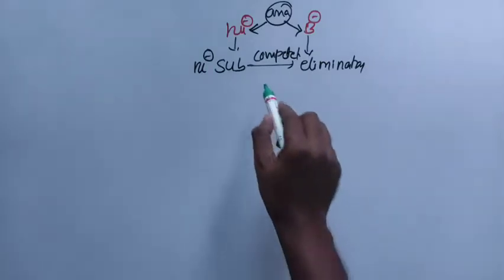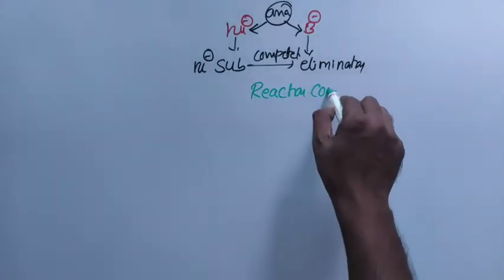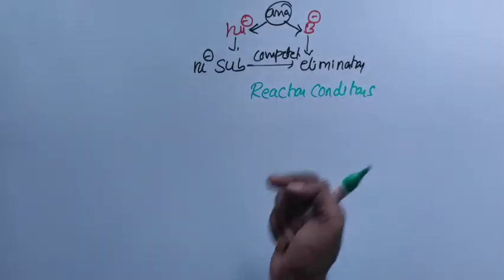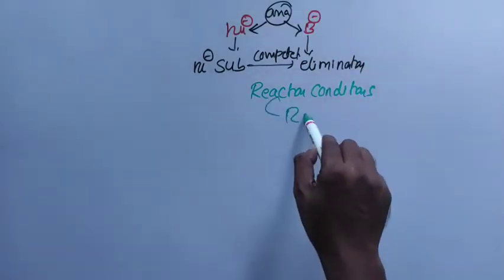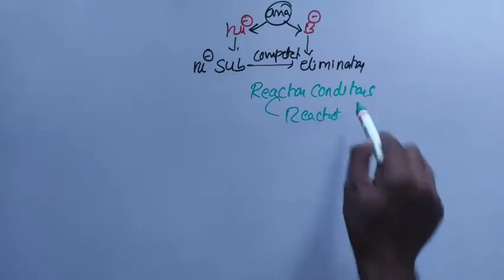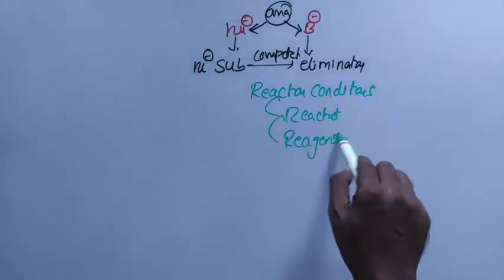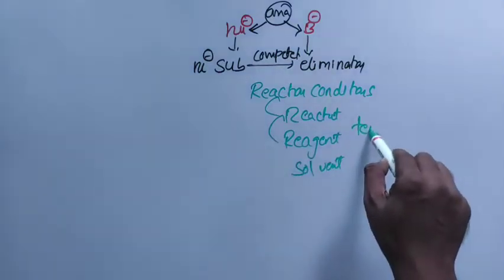It is decided by reaction conditions. Reaction conditions will decide between these two who is the winner. When I say reaction conditions, I consider the reactant, the reagent, the solvent, and the temperature.